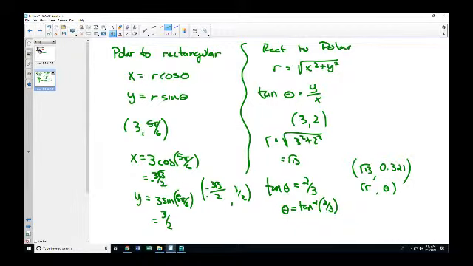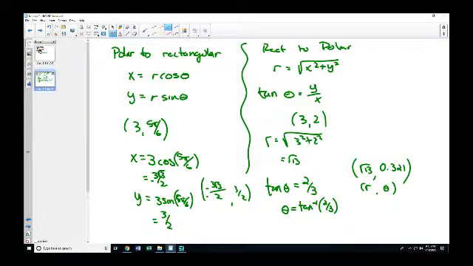Anybody know what 0.321 radians is in degrees? Multiply by 180 divided by pi. Remember that. Do it. 18.42? 18.434. That's close.